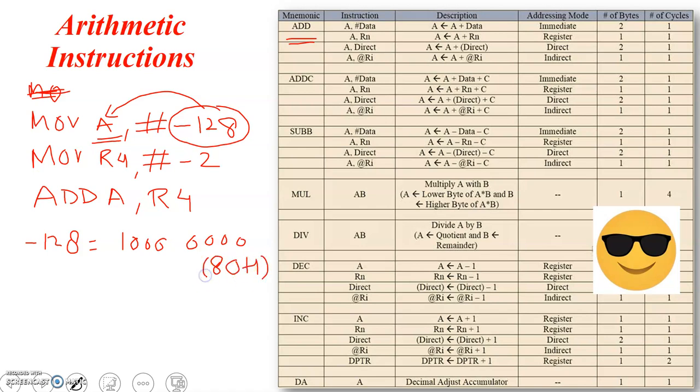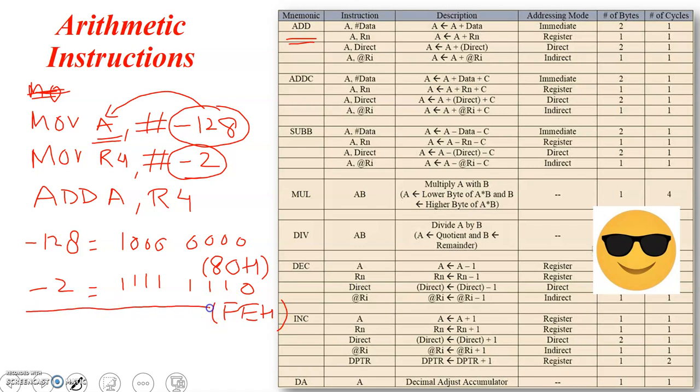Okay, and similarly the number -2, if I write it, would be 1111 1110. Okay, and in hex it will be FEH.